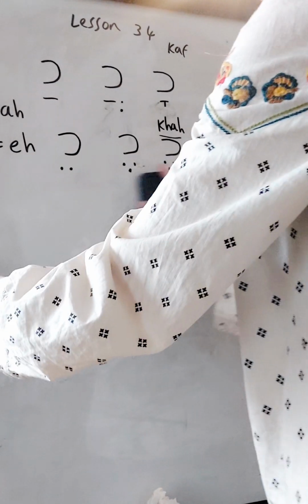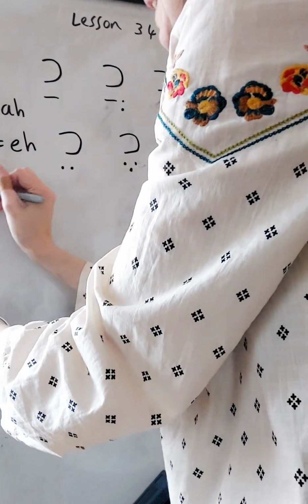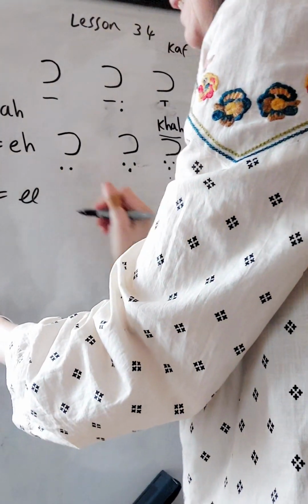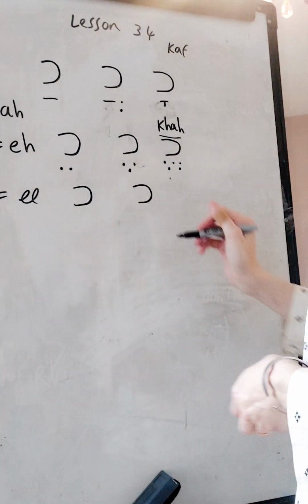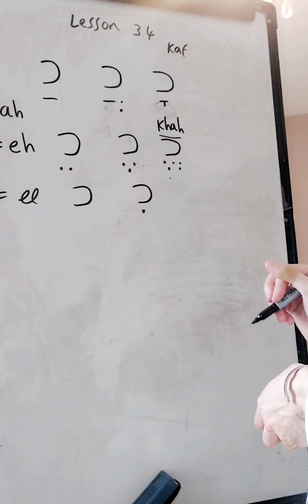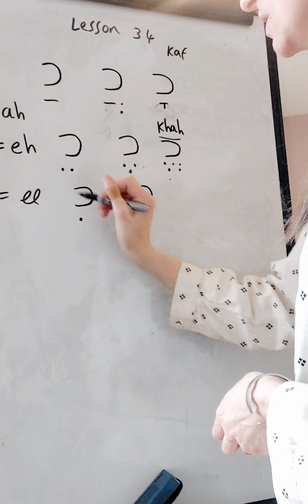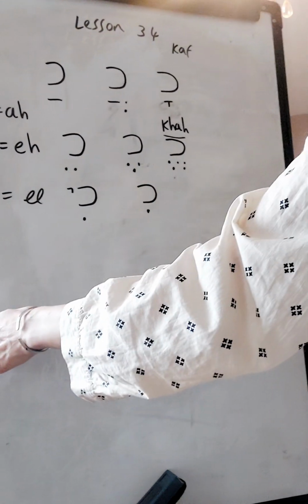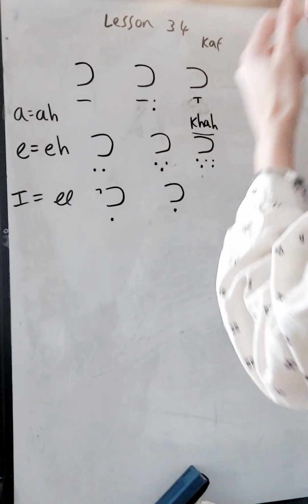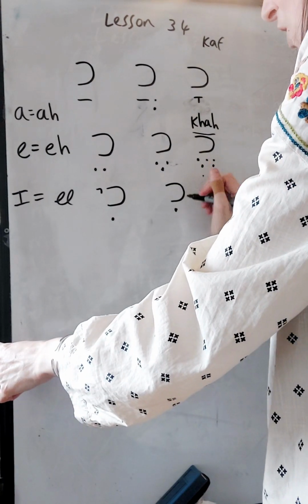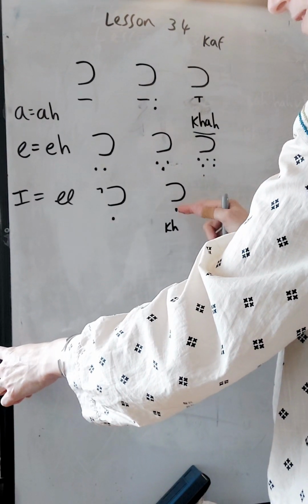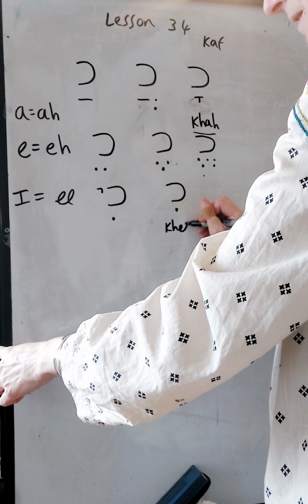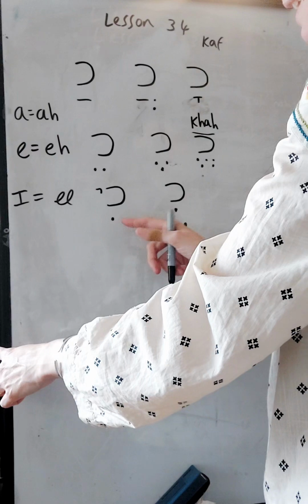Then we look at the I vowel, which sounds as E, and there are 2 ways to write it: a dot underneath the Hebrew letter, or a dot and a yod to the side. Sound of the consonant kha, then add the vowel sound, E: khi, khi.